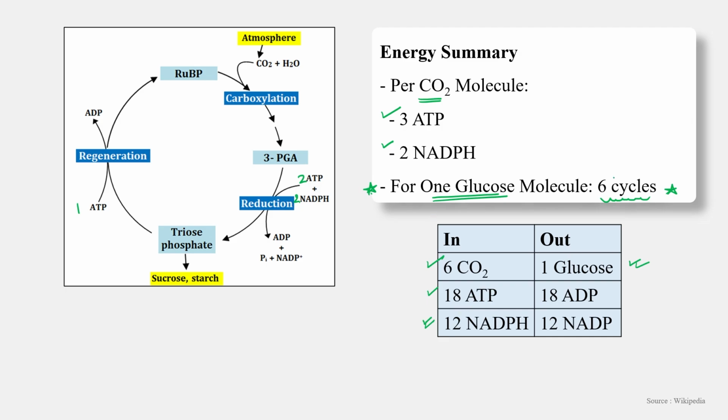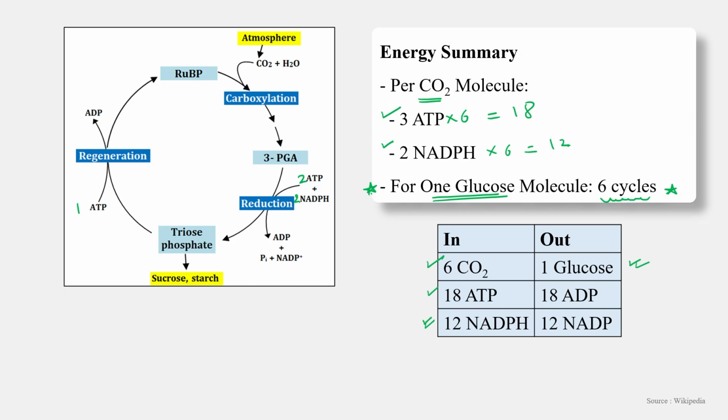In 6 cycles, so 2 and 1 is 3, and 3 into 6 is 18; 2 into 6 is 12. So why 6? Because one carbon dioxide is fixed per cycle, and we need 6 molecules for the generation of glucose.